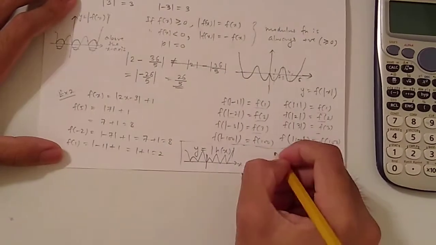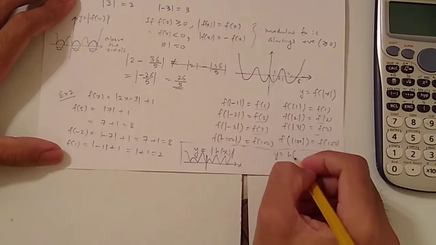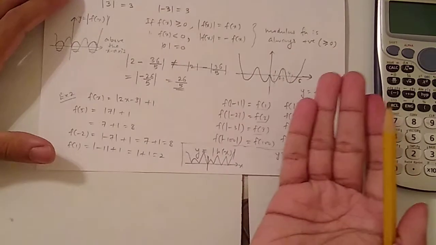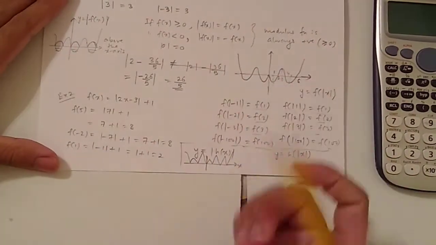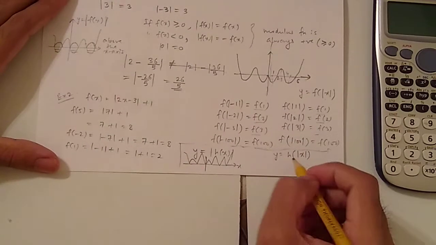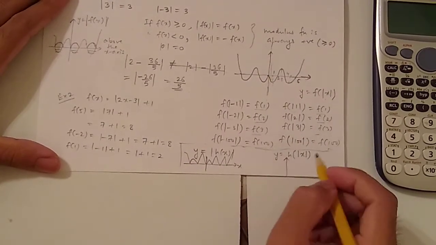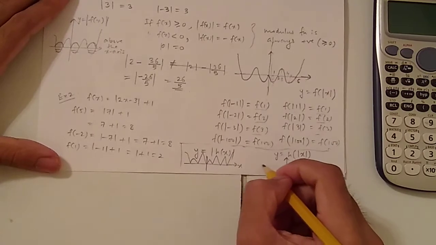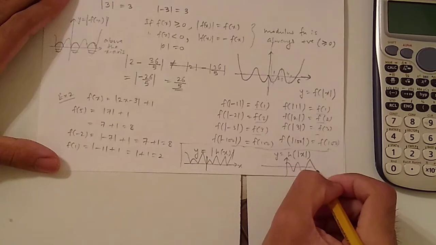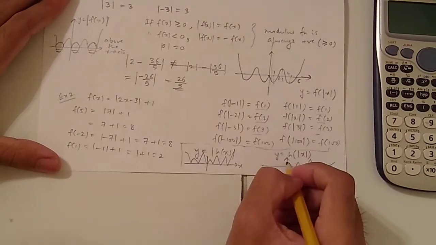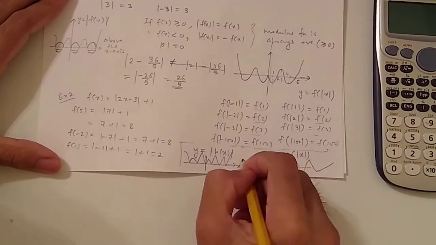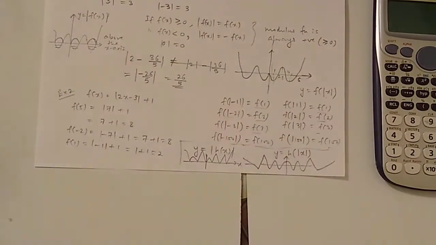On the other hand, if you have y equals h of the modulus of x, you'll have the right hand side and the left hand side similar to each other. In other words, you'll have a symmetry along the y-axis. Let's say that our function is like this; over here on this side you'll have the mirror image, so you have symmetry along the y-axis.